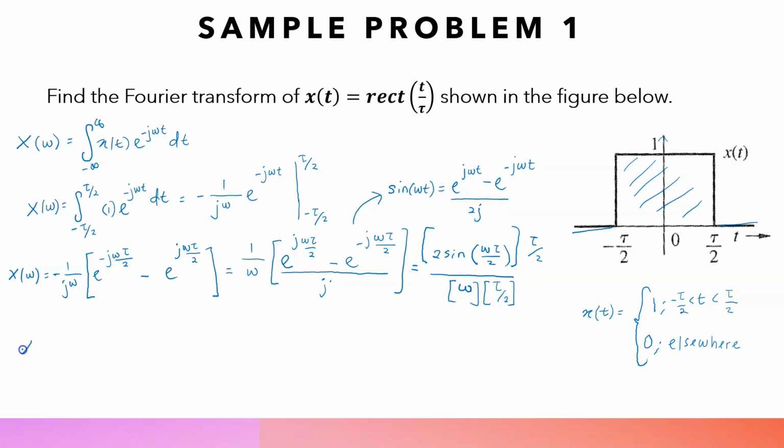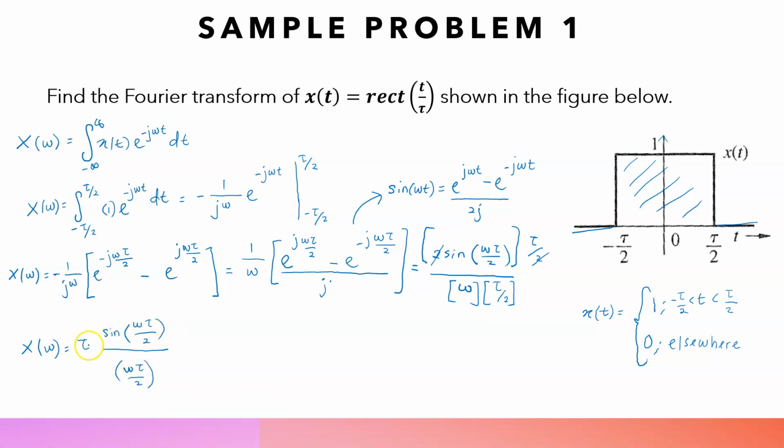So I will have X(ω) equals this; for the numerator, this cancels out, so I'm left with τ and sin: τ sin(ωτ/2) over ωτ/2.